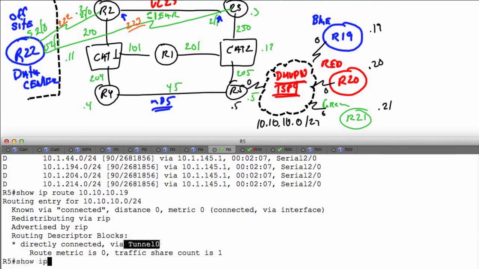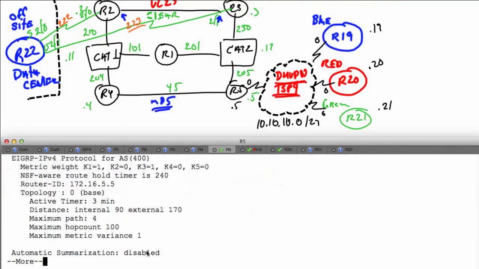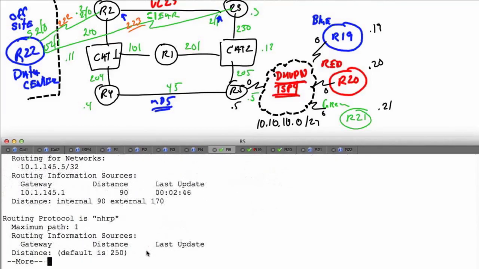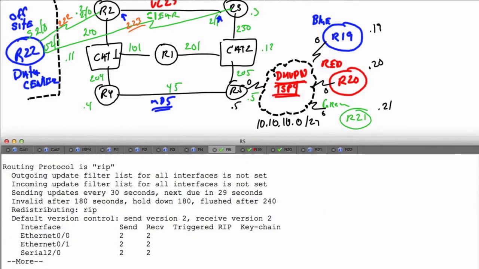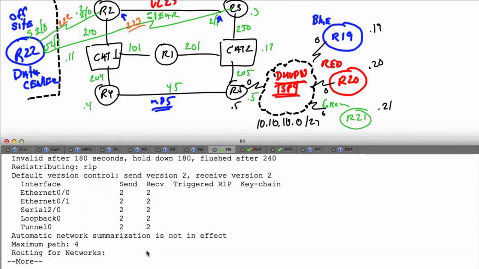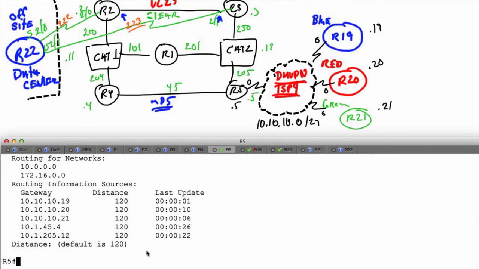So let's take a look here. Show IP protocols. Well, let's see, we're running the gateway, routing information sources 20, 21, 4, and 12.